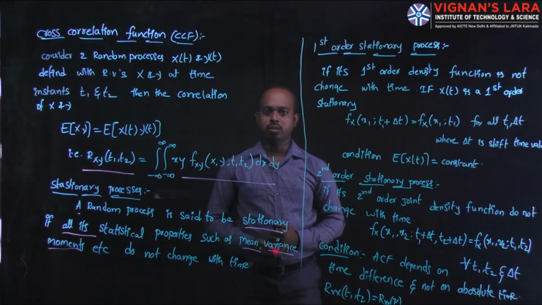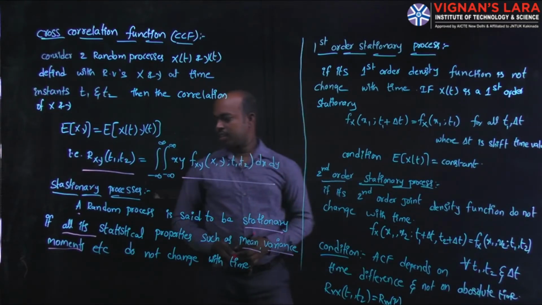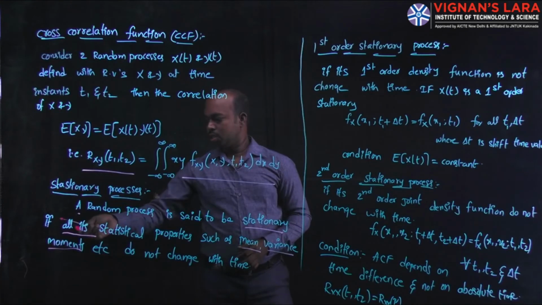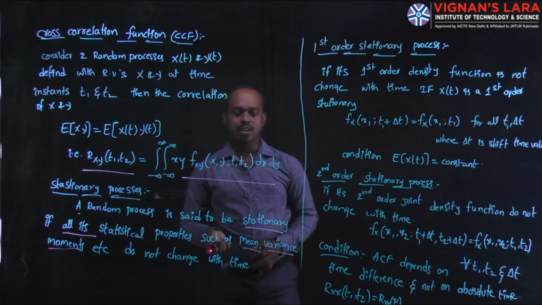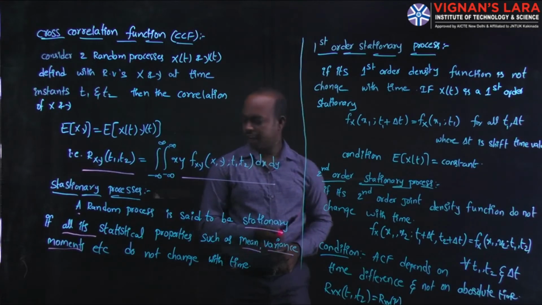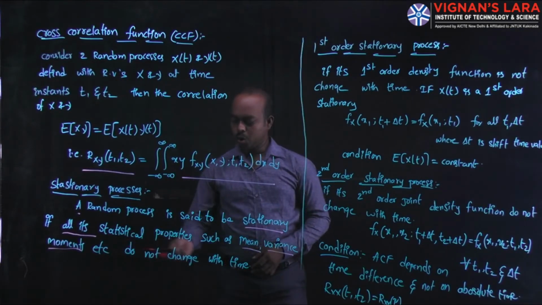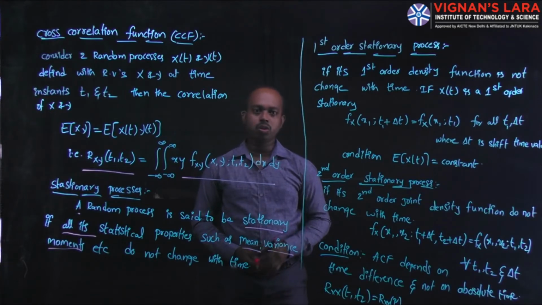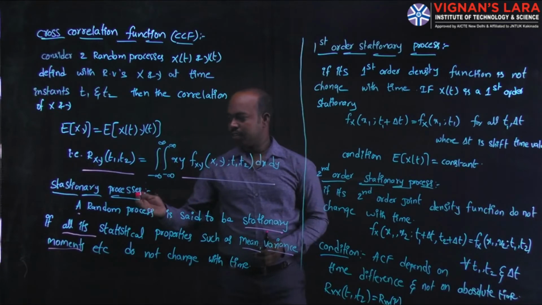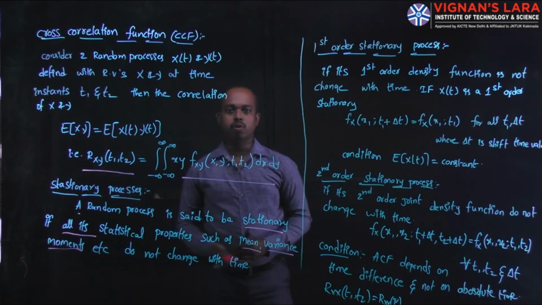If all its statistical properties such as mean, variance and moments, etc., don't change with time, then you can call it a stationary process.